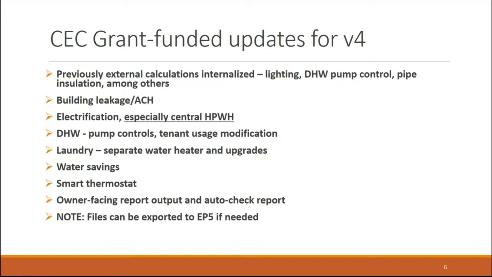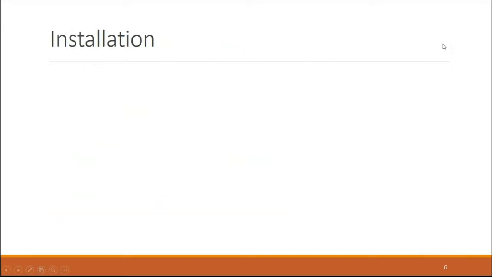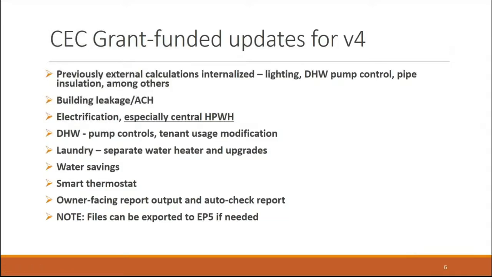And then this is the one I like the most because I've been on your side of things, and I've seen the outputs from these tools in terms of they're really just for kind of energy code compliance. And if you hand that over to a building owner, they don't know what the hell that is. So we were able to take some of that information and put it into a one-page report that I'll go through later, but it's owner-facing.